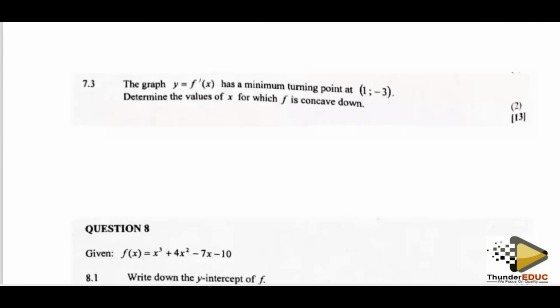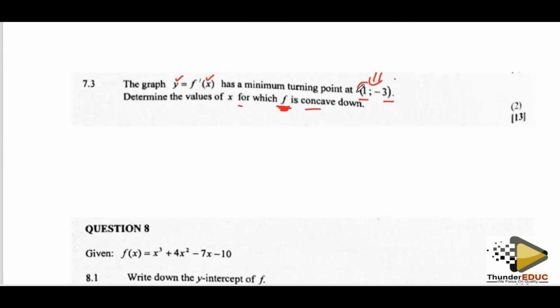Alright, then 7.3. They are telling us that the graph y is equal to the first derivative has a minimum turning point at this. Determine the values of x for which this is concave down. So concavity in most cases depends on the turning points. The point where we find inflection is usually the average of the turning points.